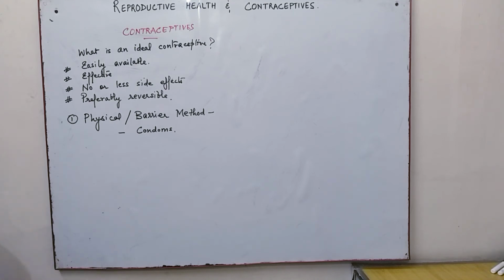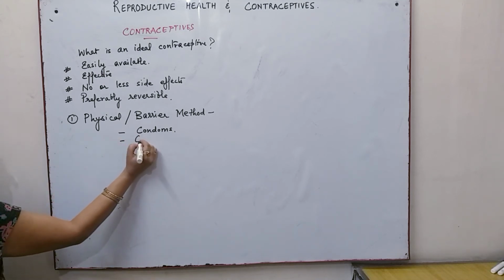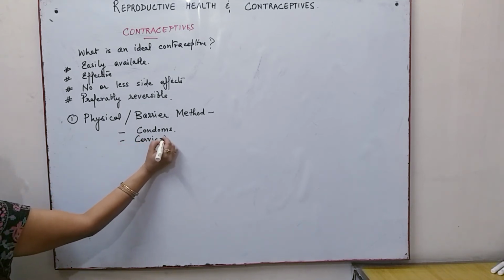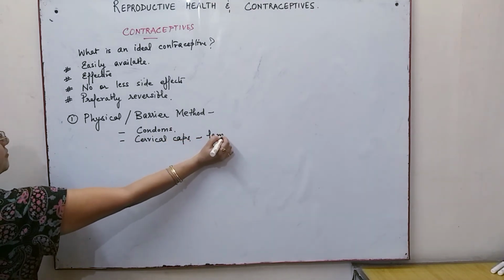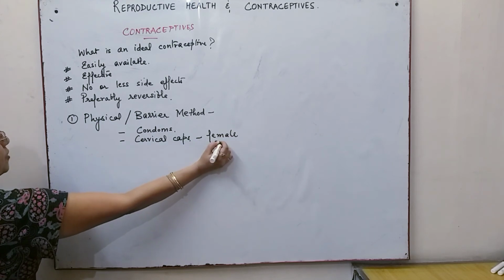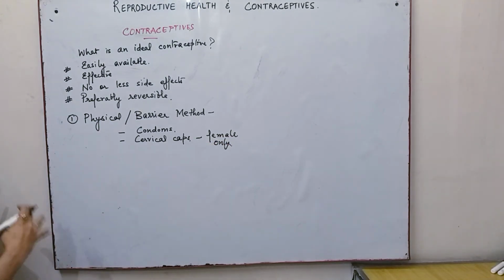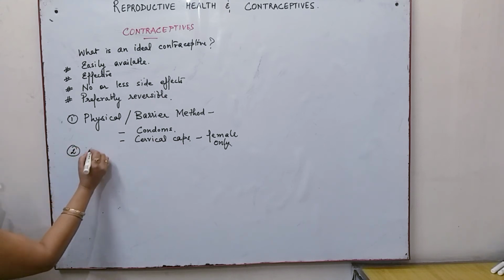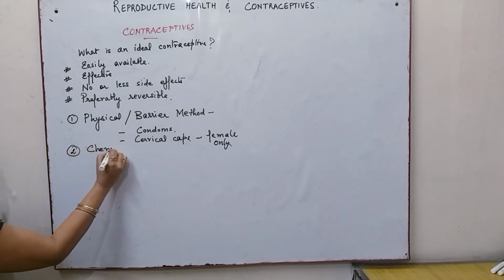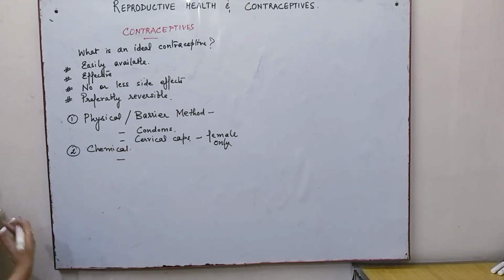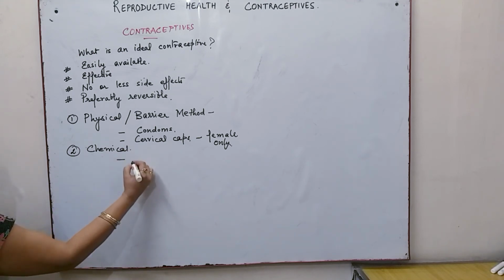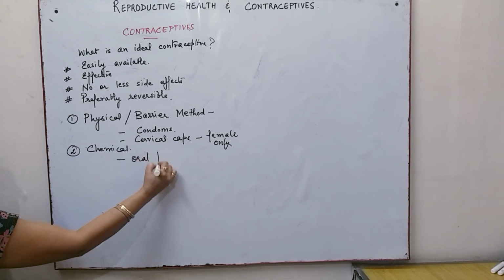The second important barrier method is the cervical caps. These cervical caps are for females only, and they block the cervix, thereby not allowing the sperms to enter. The second important method is the chemical method. That is, we use oral pills or chemicals.